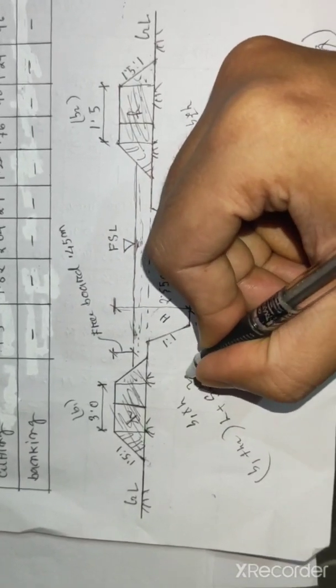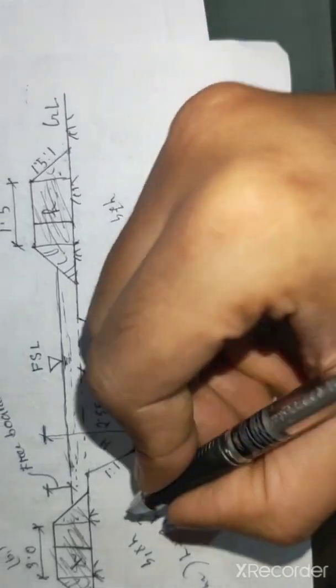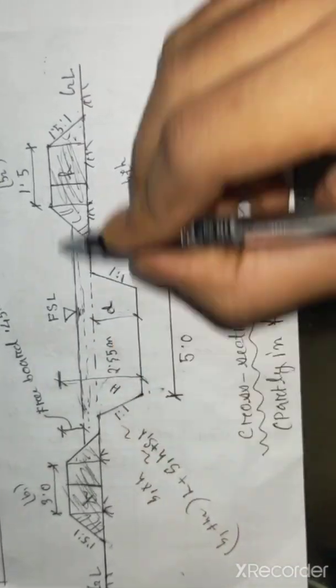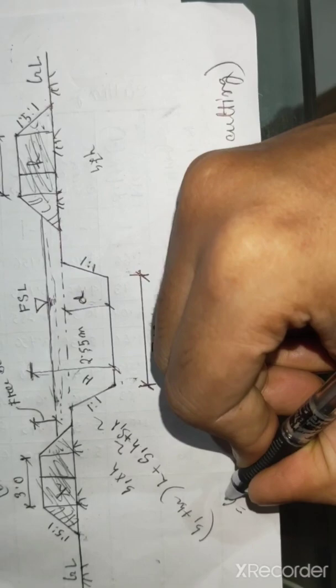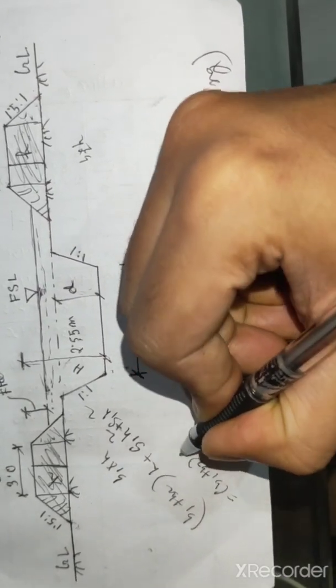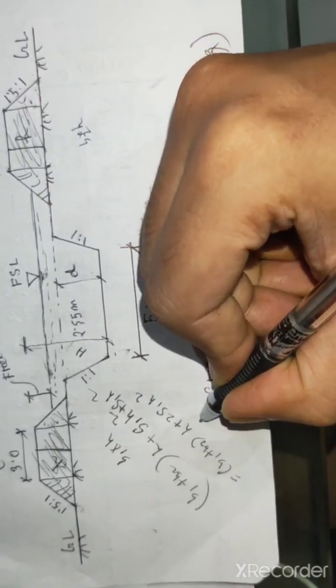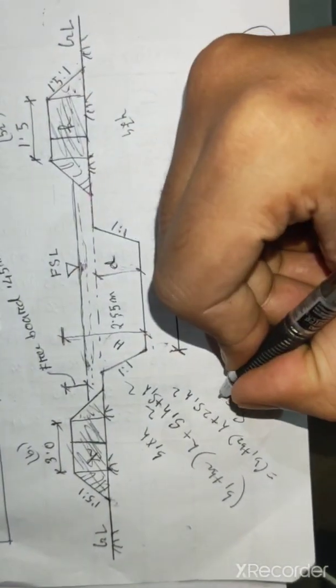Here also the sloping areas will be S1 H square. So the total area of this plus this is equal to B1 plus B2 into H plus twice S1 H square. What is the value of S1 here? S1 is 1.5. It is given.